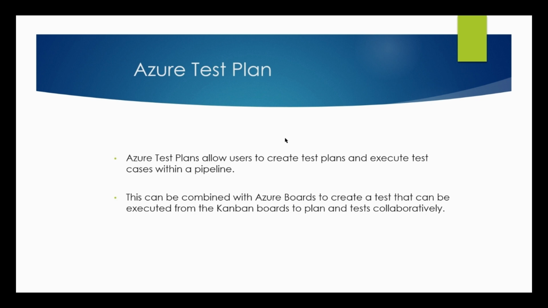After that, you can view, run, and interact with the test cases directly from the Kanban board. This is also a browser-based test management solution that provides all the capabilities required for planned manual testing and user acceptance testing.